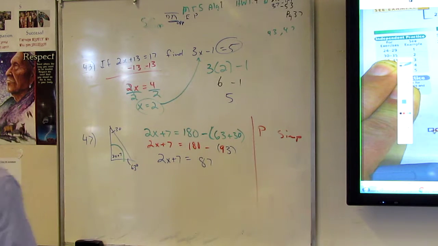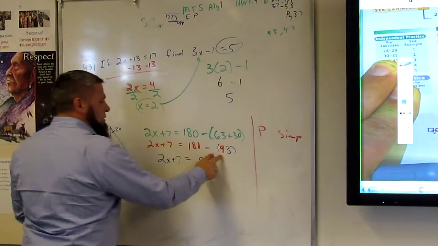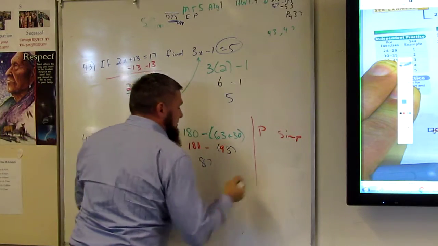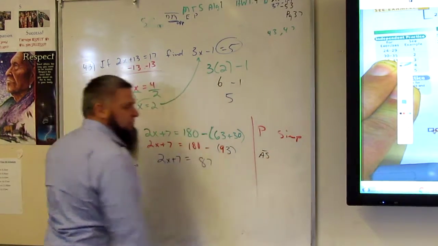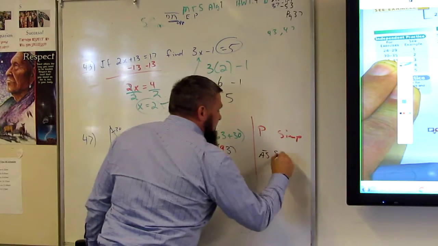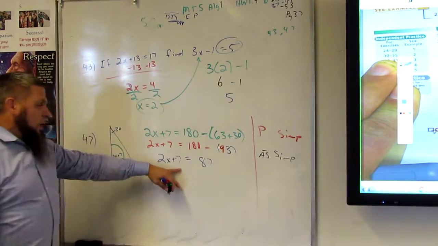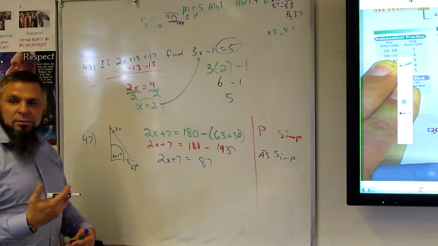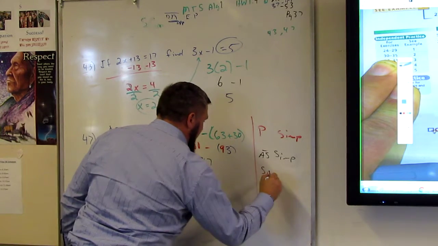So 87. What do I got to do? What was this? PEMDAS, right? We were doing the addition subtraction from left to right. It's still simplification, right? But here we're doing SAD MAP.